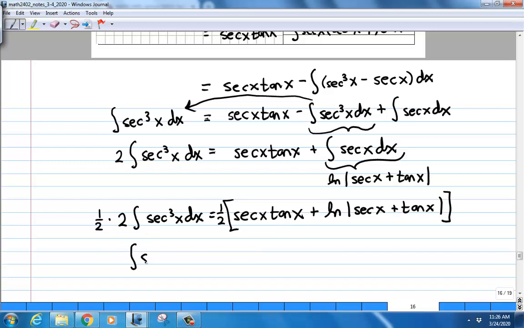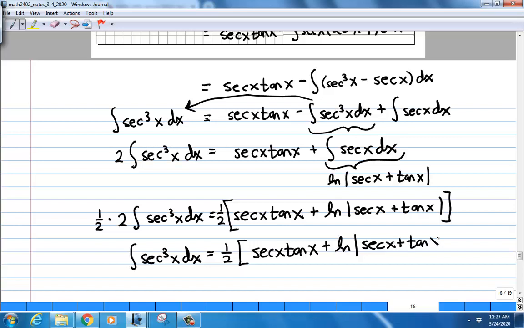So you get the antiderivative of secant cubed x, the original integral I was trying to find. And what's it equal to now? Now we know what it's equal to. It's equal to 1/2 secant x tangent x plus the natural log of the absolute value of secant x plus tangent x.